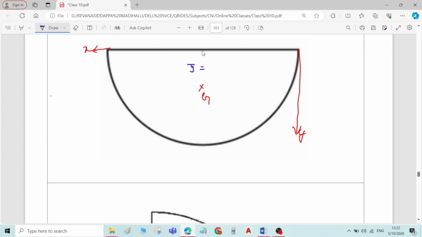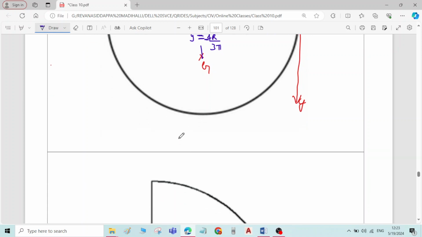Y bar represents the distance from the diameter. For a semicircle the distance from the diameter is always 4r by 3 pi. And what about the sign? The sign is negative, because the reference axis is in the third quadrant, x and y both are negative. And the formula for x bar will be minus r or minus d by 2.